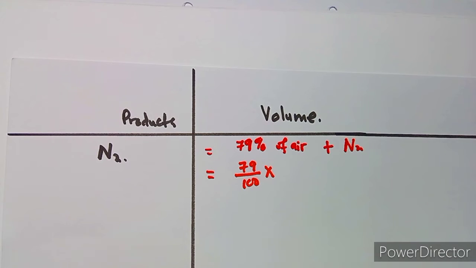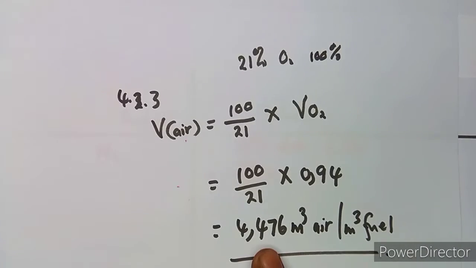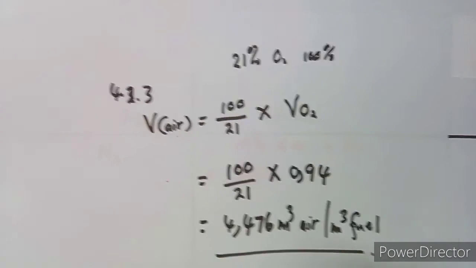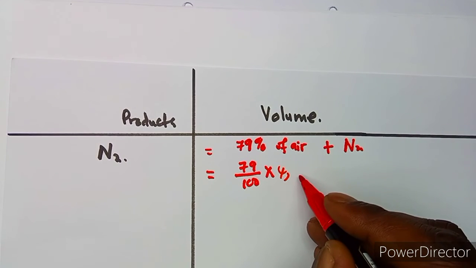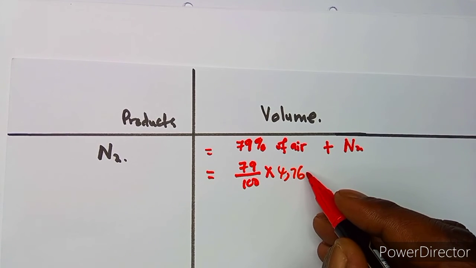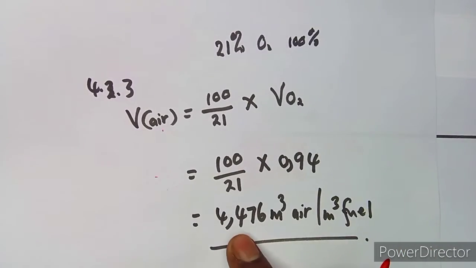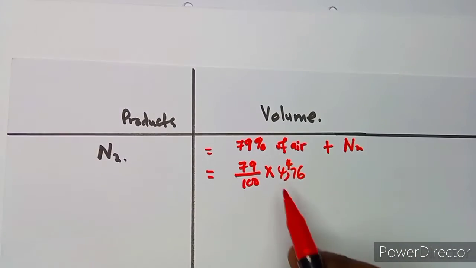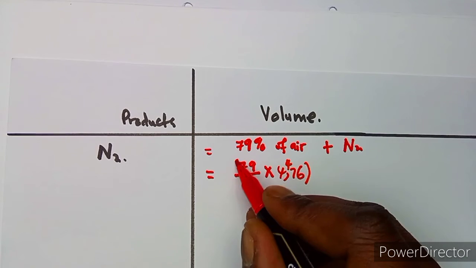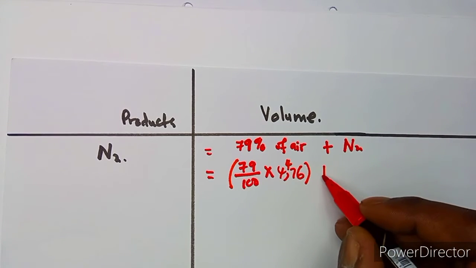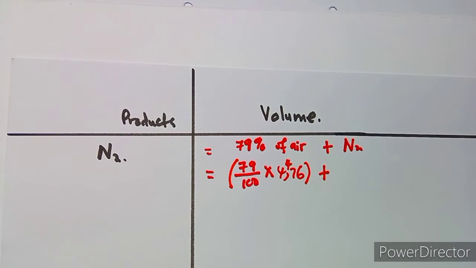I was mixing these things up, but I hope we still have that value here. For air, this one is 4.476, guys. So please just take it properly. This is according to the percentage, then plus the nitrogen that we have here.